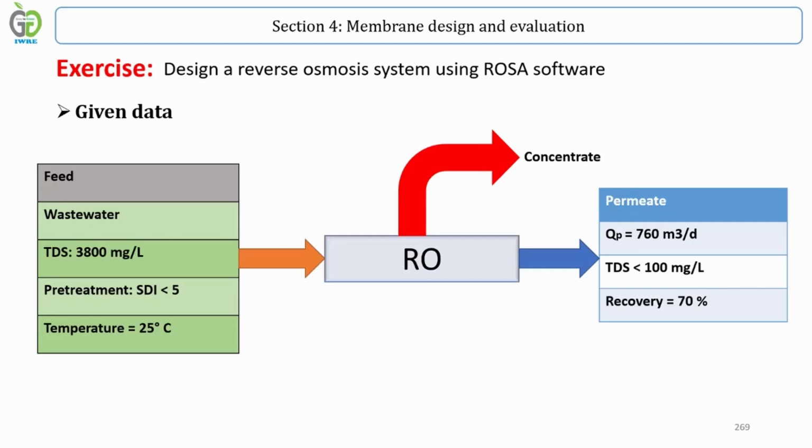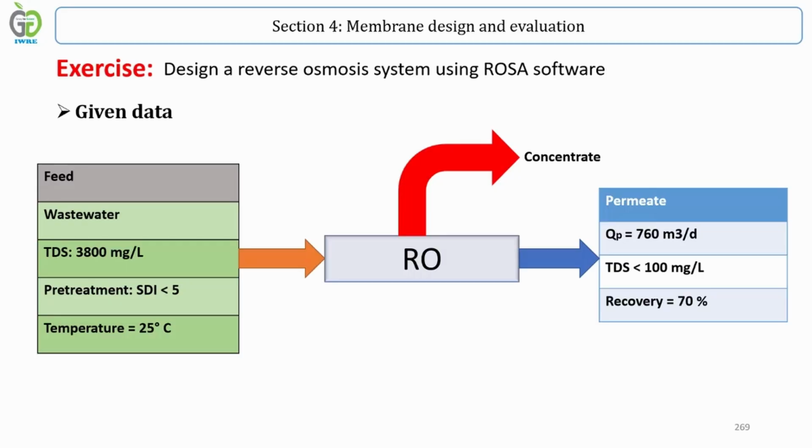Now, as an example, I provided this exercise with the given data. The feed is wastewater with TDS 3800 milligrams per liter, SDI less than 5, and a temperature of 25 degrees Celsius. The required permeate is 760 cubic meters per day with TDS less than 100 milligrams per liter and recovery of 70%.